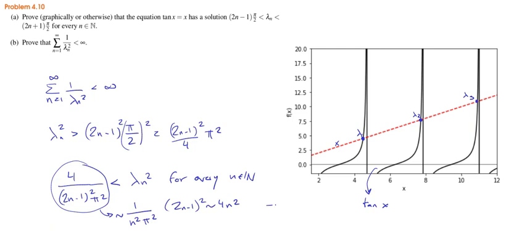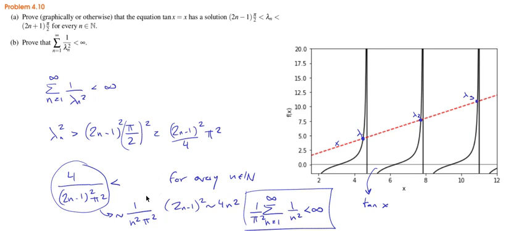But we know that the sum from n equals 1 to infinity of 1 over pi squared times 1 over n squared is convergent, right? But now, sorry, this is incorrect. This is 1 over lambda n squared, right? Now the general term of this series is smaller than the terms of this series, which is asymptotically equivalent to this.